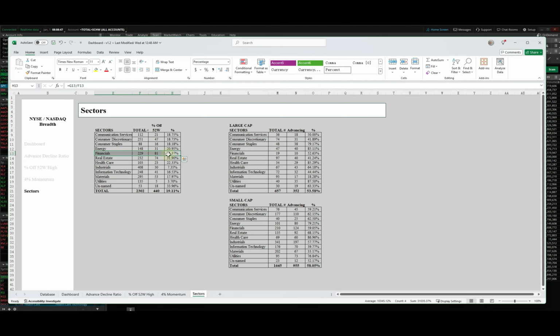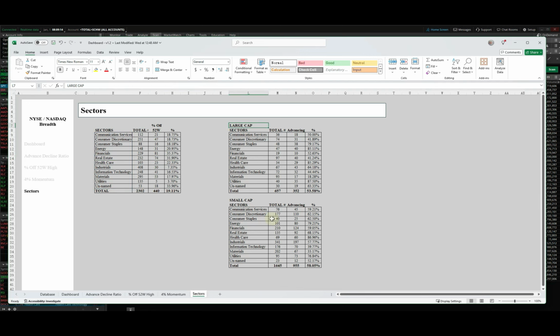It means the financial sector is the only sector at this moment which has the most candidates within 10% of 52-week high. Then we can check some others. If this is 35% and this is 31%, the second is real estate, which has the most stocks within 10% of 52-week high.